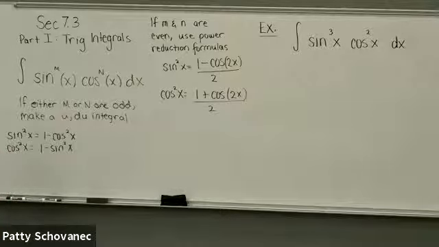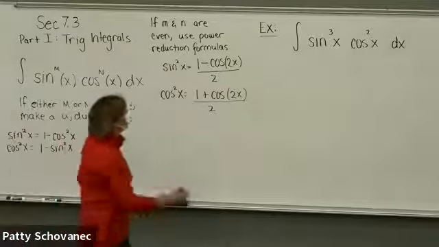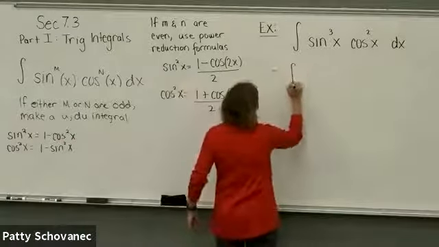So I see that big old odd power on the sine. That means I'm going to take one factor out of it and stick it next to the dx term. So I'm going to write sine cubed is sine squared times sine, like this.